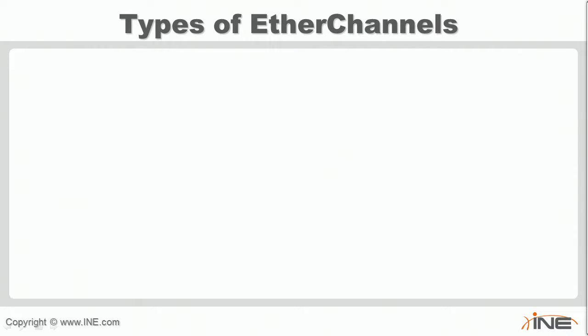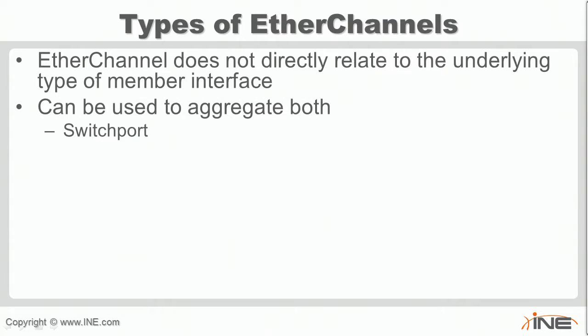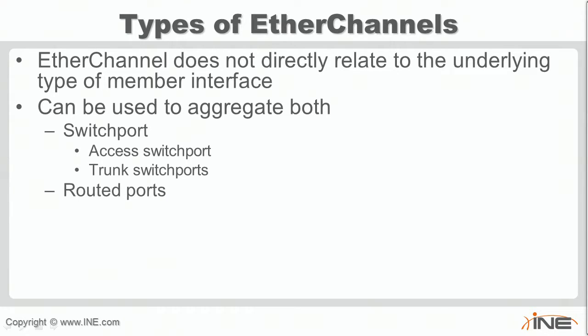Now, one of the nice features about this channeling on the Cisco switches is that it's not directly related to the properties of the physical underlying interfaces, which basically means that we can configure channels that are used to aggregate layer 2 switch ports. They could be either access ports or trunk ports, or you could use this to aggregate layer 3 routed interfaces.